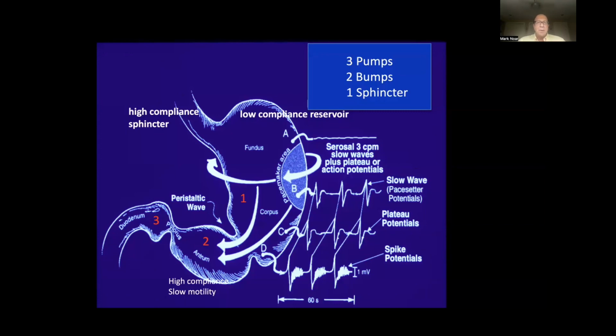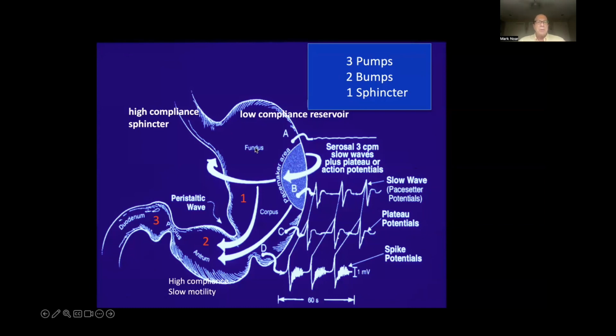When we look at the stomach itself, of course, we know that the ICCs are the most highly concentrated in the area below the fundus in the proximal body of the stomach, and they give rise to the slow pacemaker settings, usually the serosal 3 cycle per minute slow waves that begin a circular contraction that extends longitudinally.